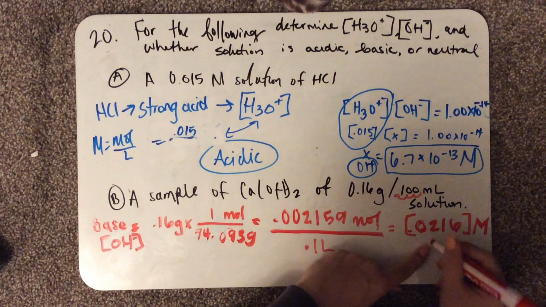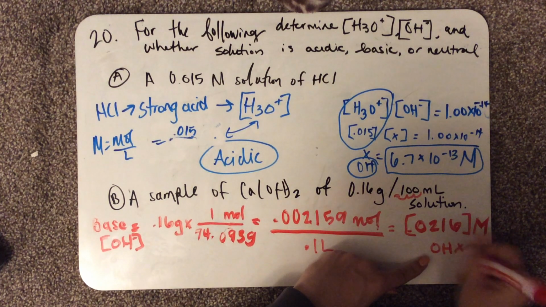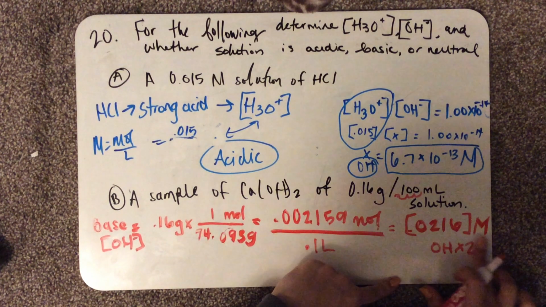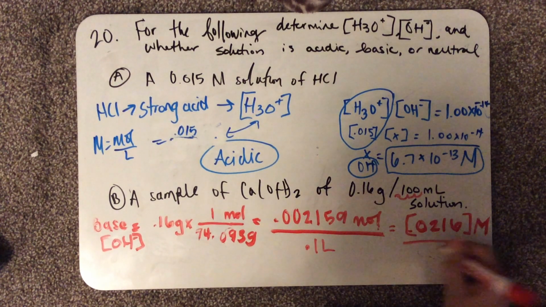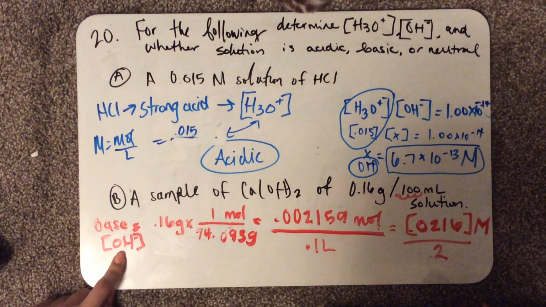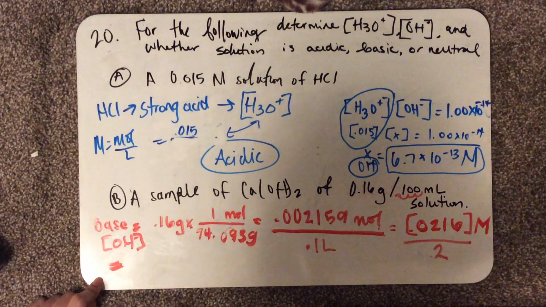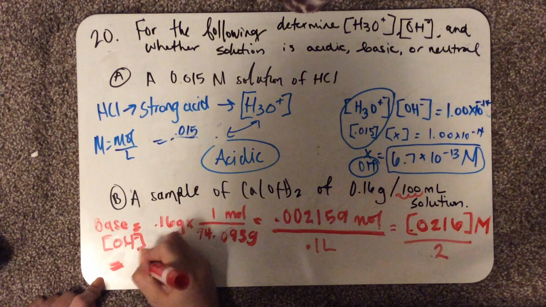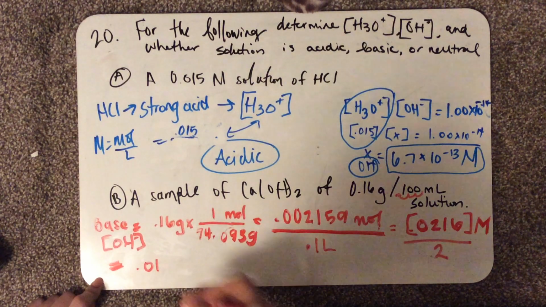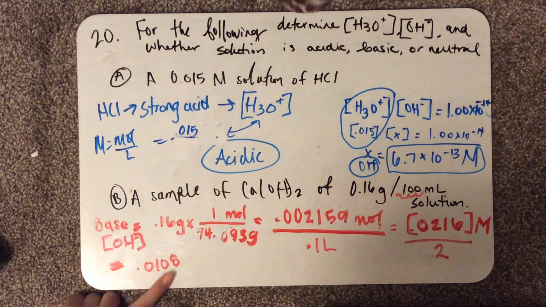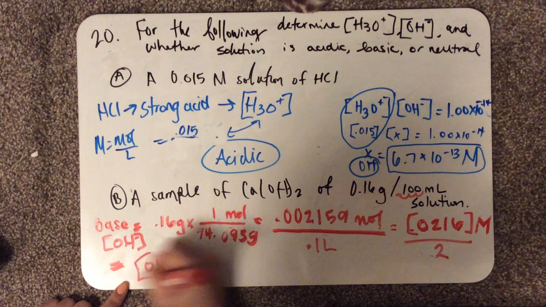This is basically times 2, the concentration of OH times 2, since we have that subscript 2. So we need to divide that concentration by 2 to get OH by itself. So when I divide this number by 2, I get 0.0108, again rounding to 3 sig figs, big M.